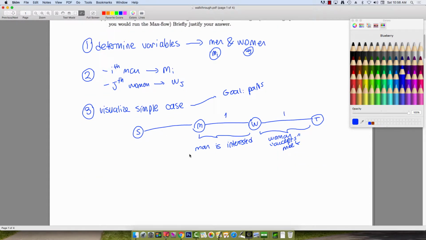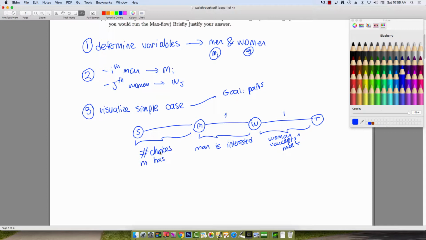So we were talking about specific edge weights, so let's consider what each edge will represent. This is our start node to the first man, and this edge will show how many meets this man wants to have. So this is going to be the number of choices that M has.